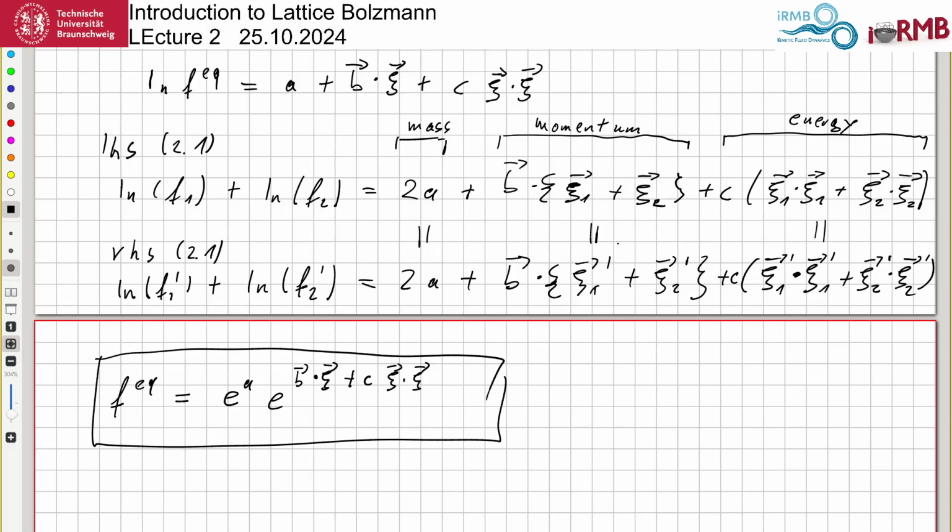So the equilibrium has to look like this, and what we now have to do is measurements: seeing what the energy is, what the momentum is, and what the mass is, and then we can identify these a, b, and c.